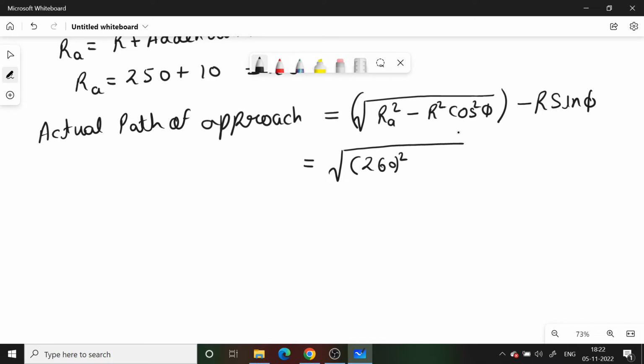RA is 260, R is 250 and pressure angle is 20 degree, minus 250 sin 20.